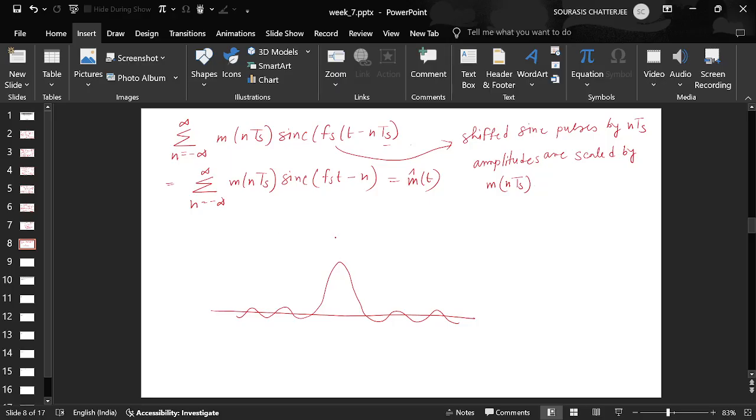So as I was discussing, this is the sinc pulse corresponding to m0 here. Next I'll draw the sinc pulse corresponding to the pulse at the first fundamental period. I'll use some different color here.